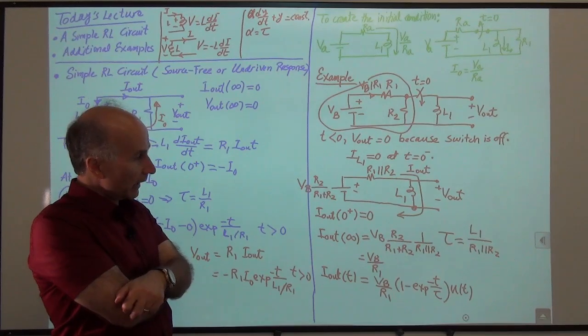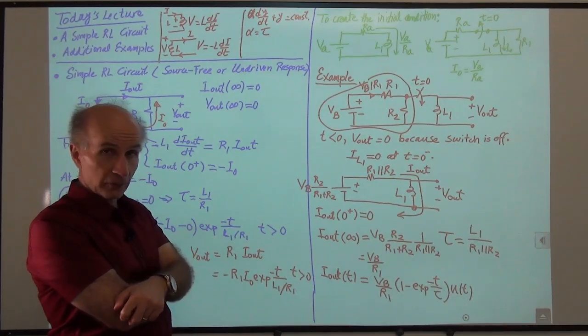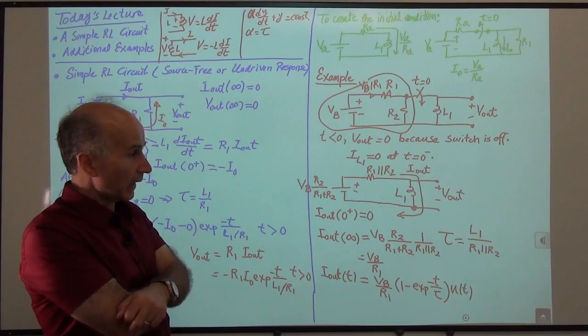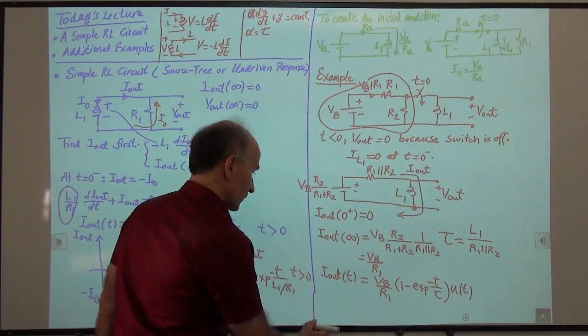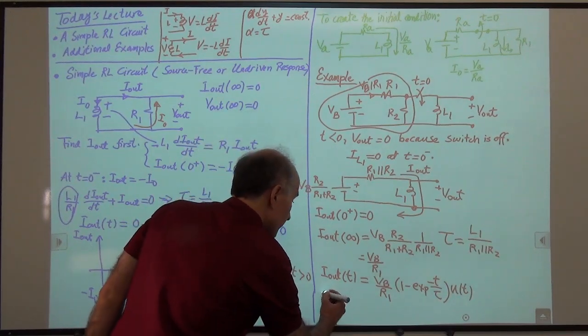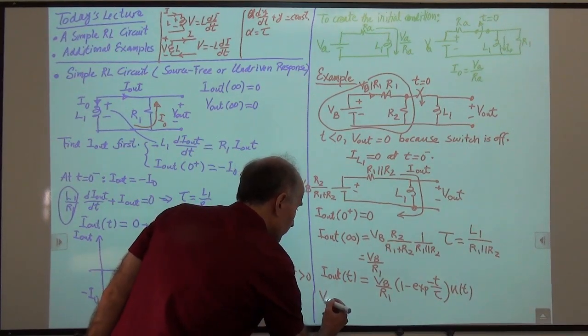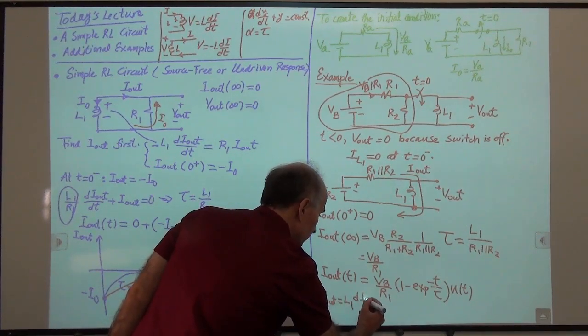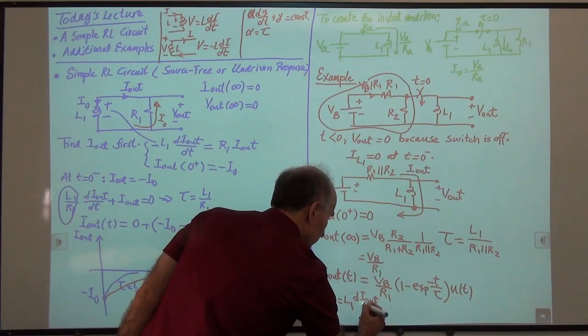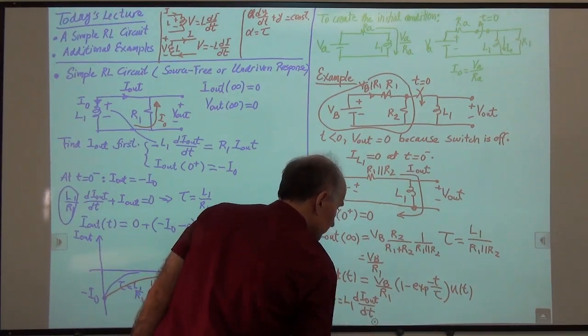All right, how do we compute V out? Well, V out is just L1 di out over dt.